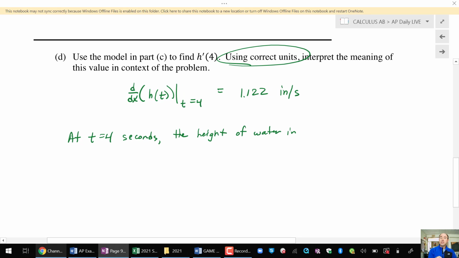This is going to be h of t, which is the glass vase, the height of water in the glass vase. And then the derivative is positive, so it is increasing. The height is increasing by the rate of 1.122 inches per second at time 4 seconds.